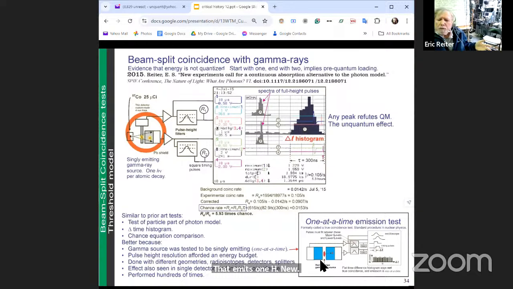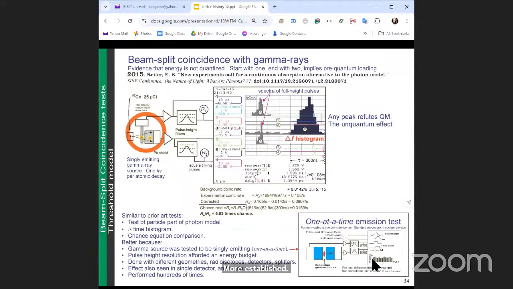And this experiment is well established to understand what a one-at-a-time emission is. That's all important to get the best way possible, because other people have done it with a whole list of ways, and there may be problems with those ways. But this way is more established to see that your source is one at a time.